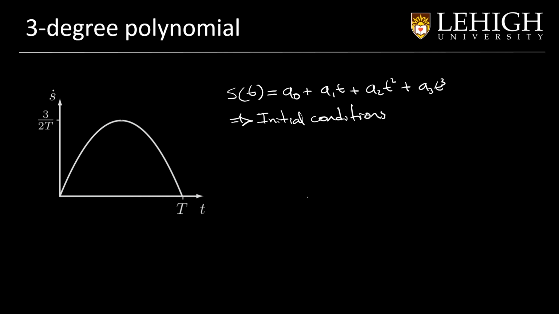The initial conditions depend on the point where we start, which is time equals to 0, and we will have that the initial position is equal to 0 and the initial velocity is also equal to 0.